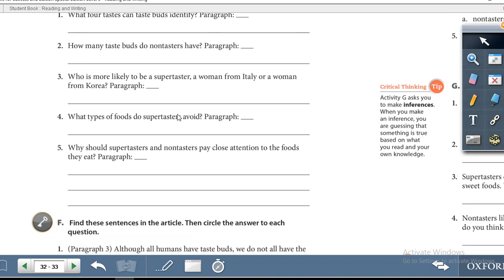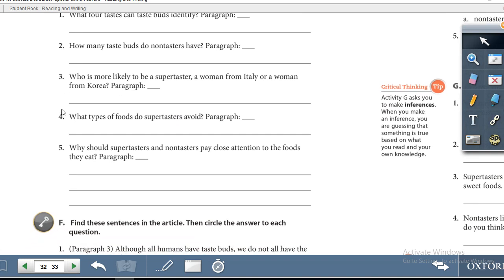And then I will continue and do number 2, 3, 4, and 5 in the same manner. Number 2, the same thing. How many taste buds do non-tasters have? I will write which paragraph. Say for example it comes from paragraph number 1. I will write number 1 over here, and below that I will write my answer.